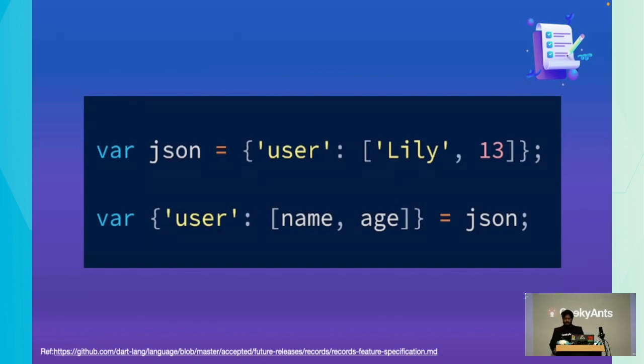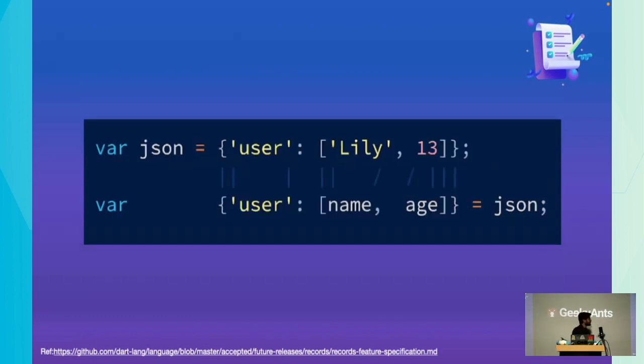This is a very interesting use case of patterns. Look at this. Now I know my variable is going to look like this, so I can create a pattern against this particular variable, which says that I will have a map, which will have a key, and inside the key I will have a variable, inside an array, which will hold the value of name and age.